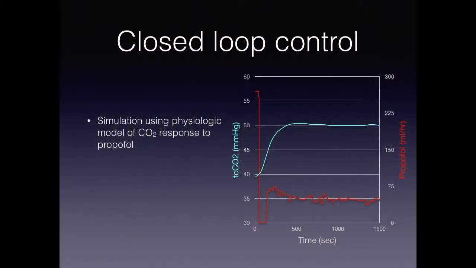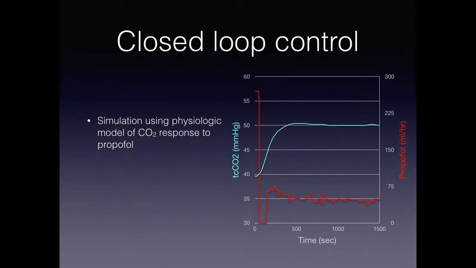This is some work that was done at ETH Zurich. Do you know Antonello Caruso? No? Anyhow, basically what they did, and this was all done in simulation, is they've done a lot of work on coming up with mathematical models of CO2 response to propofol.